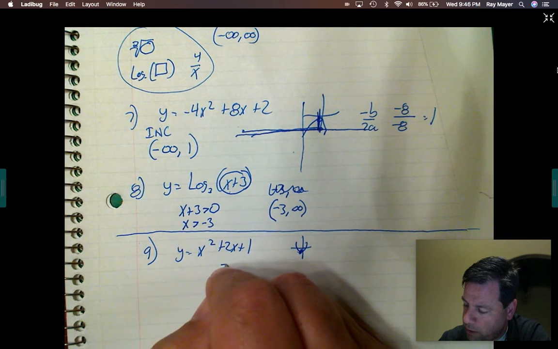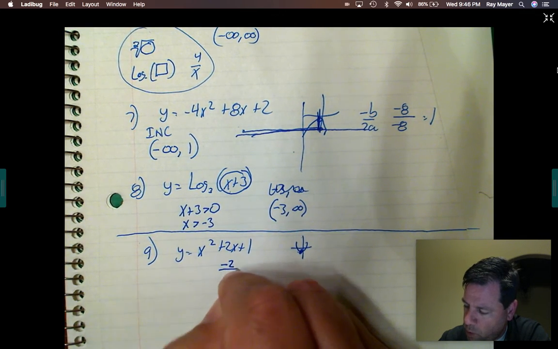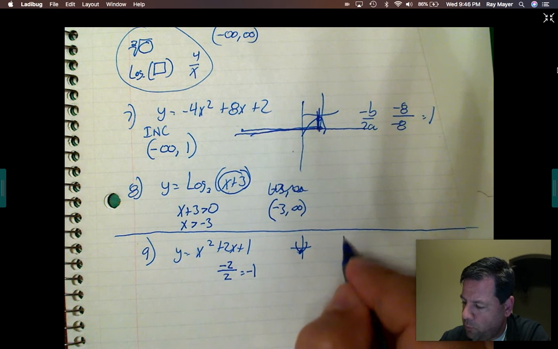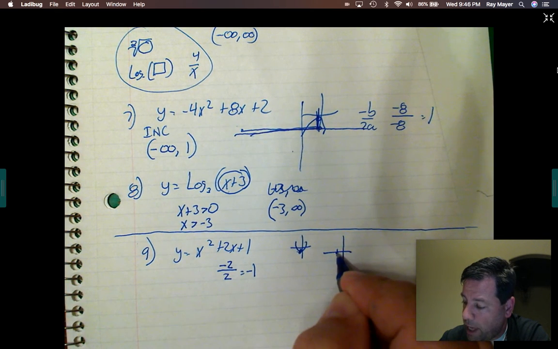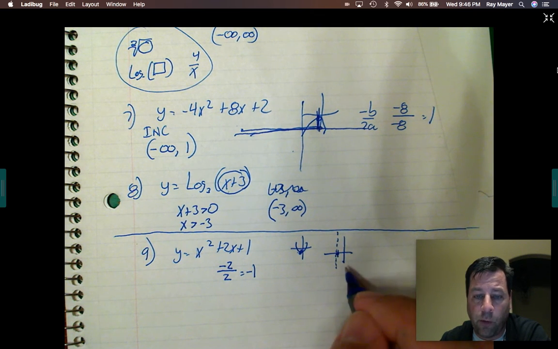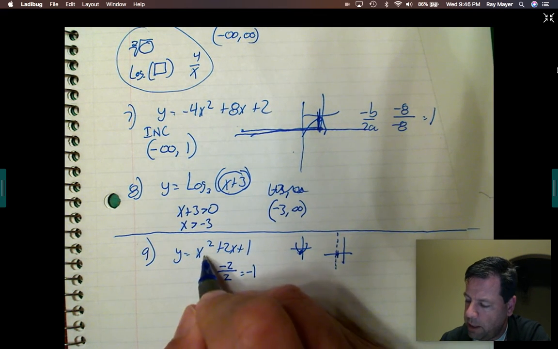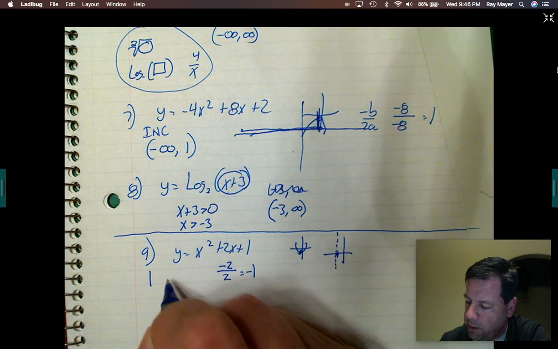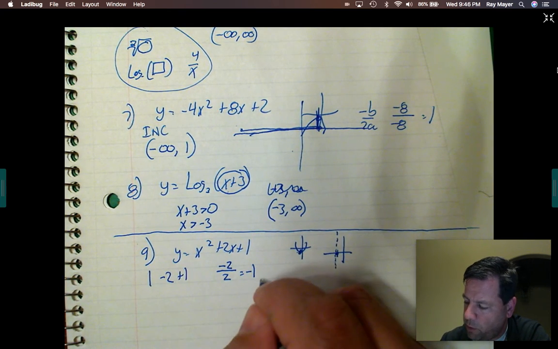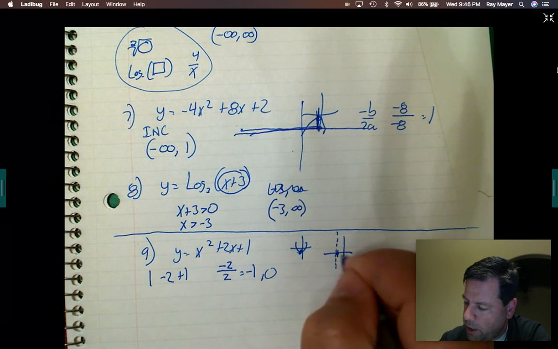So we'll go negative b over 2a, negative 1. So negative 1 is the vertex, or the axis of symmetry. Remember that? I just got to figure out where it is, so we'll plug and chug. Negative 1 squared is 1, minus 2, plus 1. That's 0. So negative 1, 0.